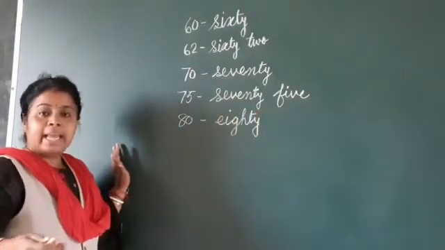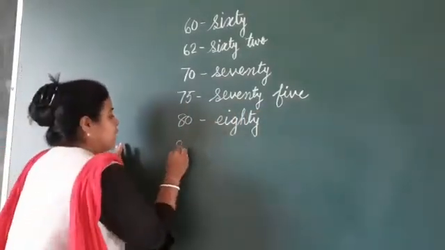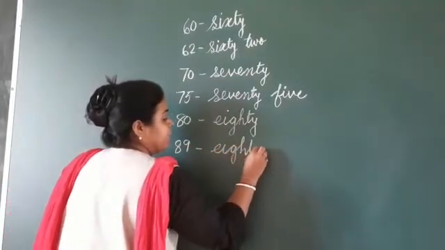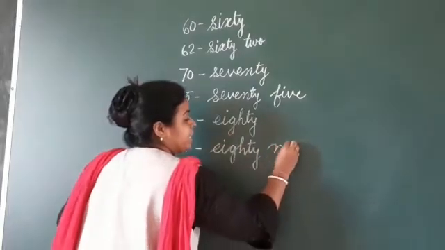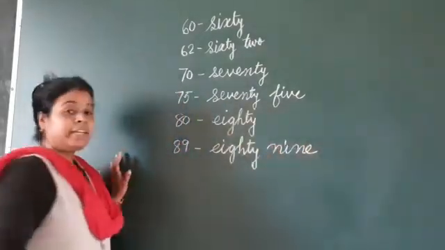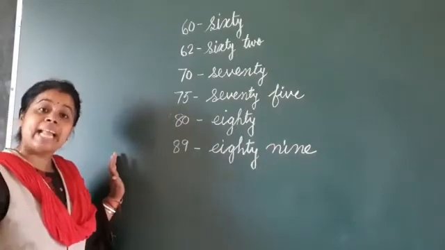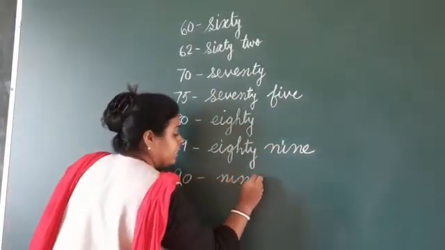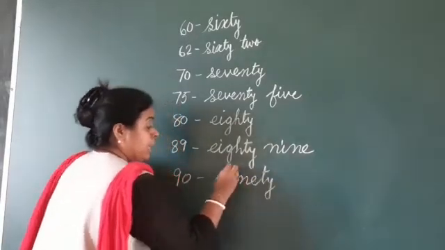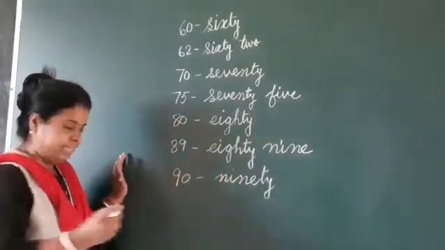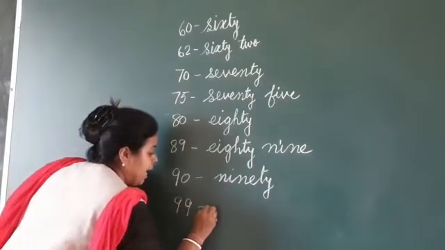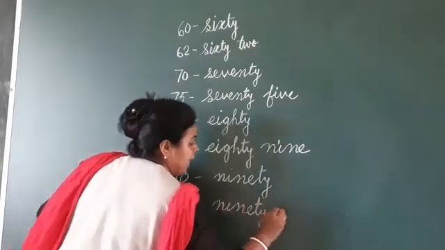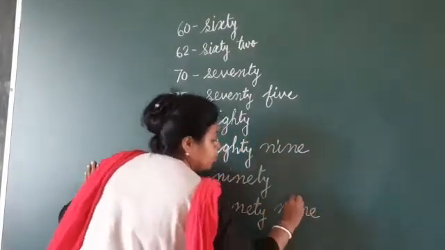Now you want to spell 89. So you write EIGHTY 80, NINE 9. Okay, now you know the spellings of 90. Okay, NINETY 90. Now you want to spell 99. So you write NINETY 90, NINE 9.